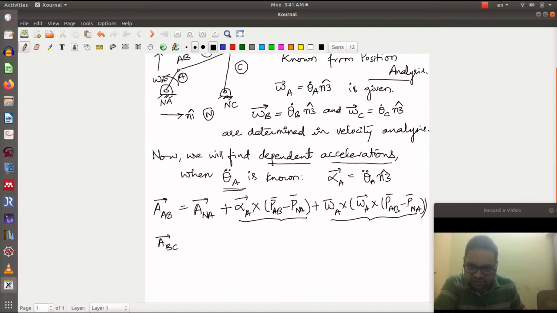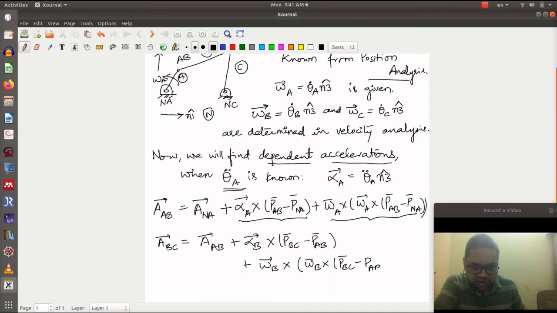BC. So acceleration of BC is acceleration of AB plus alpha B, which is not known, which is theta B double dot, cross position of BC minus position of AB, plus omega B, which is known from your velocity analysis, cross omega B cross position of BC minus position of AB.